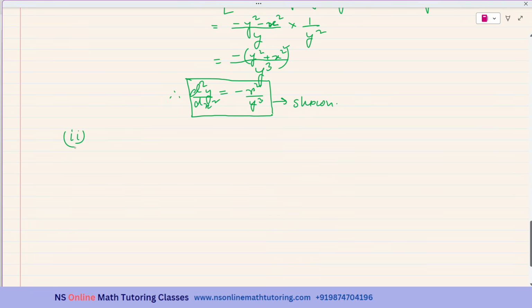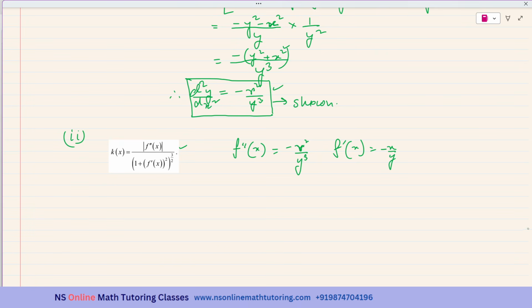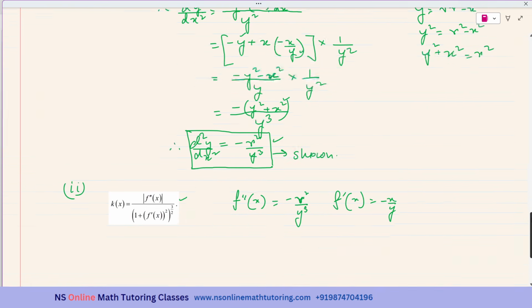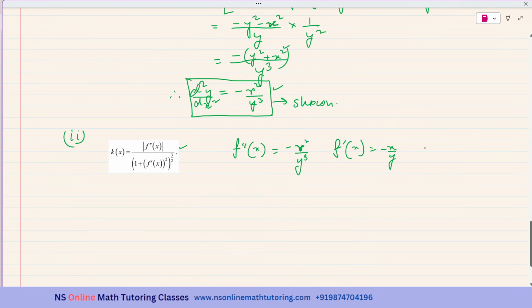So this is the expression. f double prime of x is equal to minus r square over y cube, and f prime of x was equal to minus x over y. And of course, r is greater than 0 and y is greater than 0.